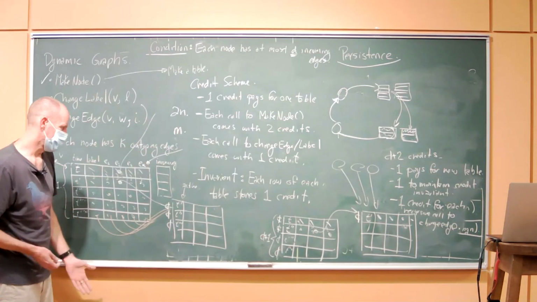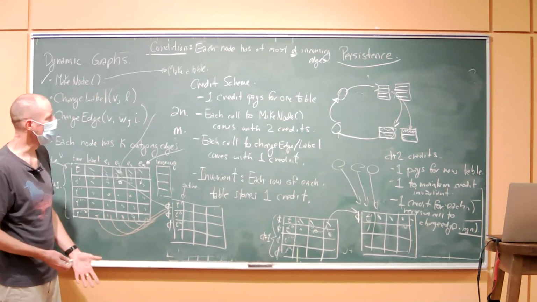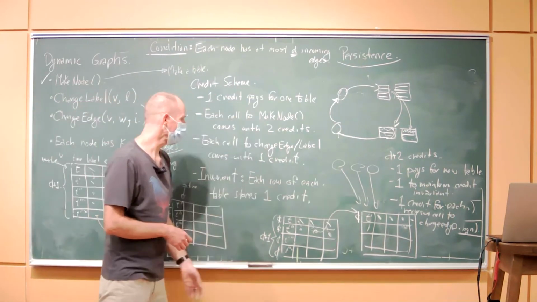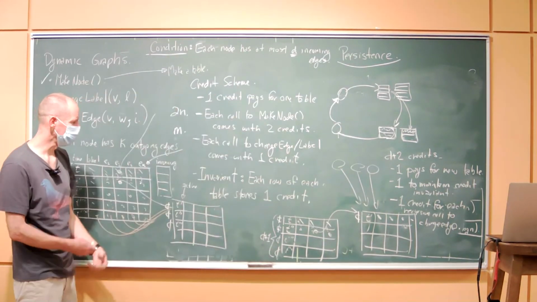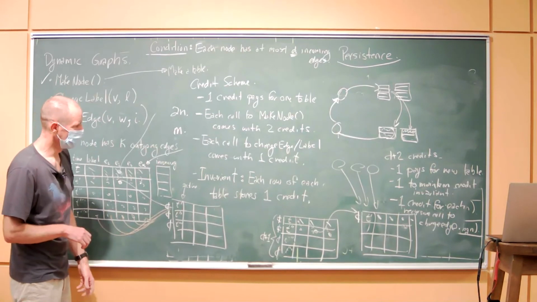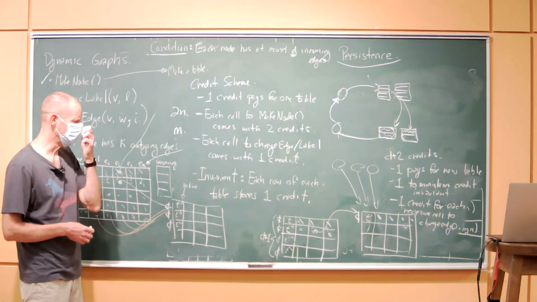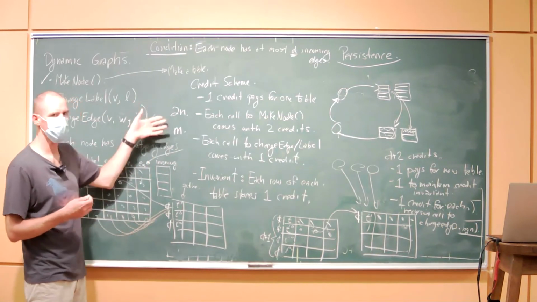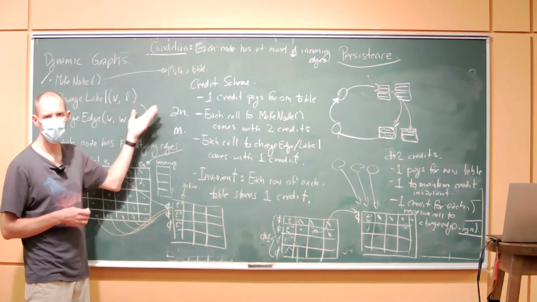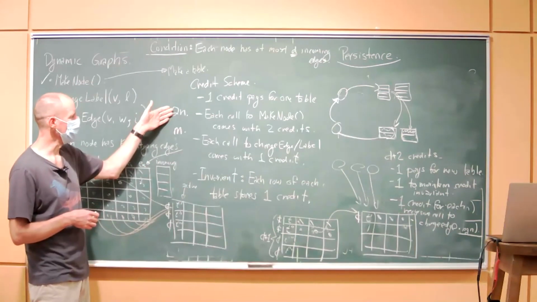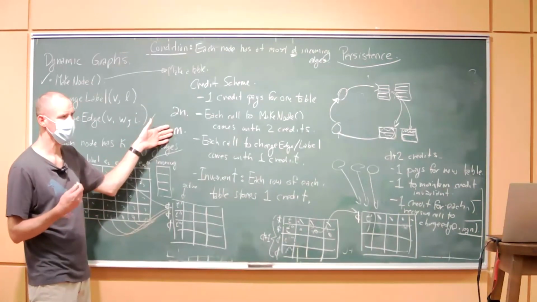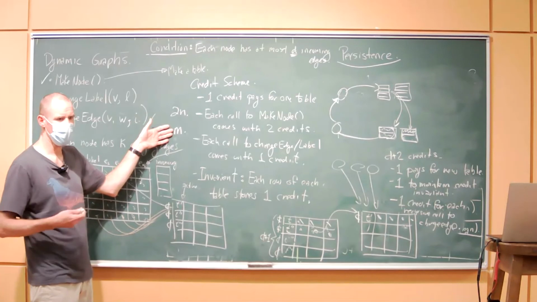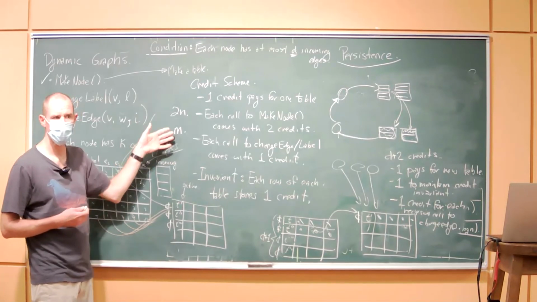And these tables are of constant size if D is a constant and K is a constant. So think of all the data structures that you're thinking of. That's really the only work that we do in any of this: making these tables. So really this tells us how long this sequence of operations is going to take. Something like the number of make nodes plus the number of change edge, change label. So on average, each one of these operations takes constant time.